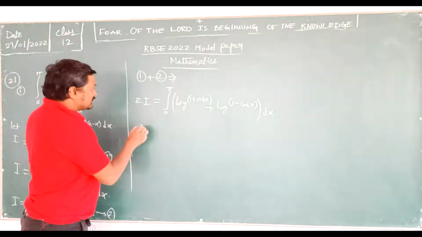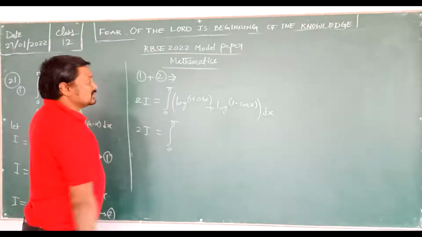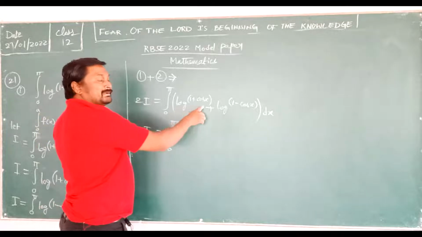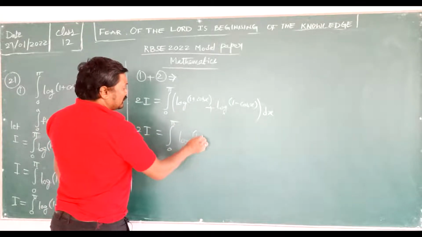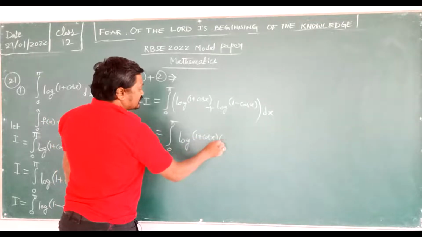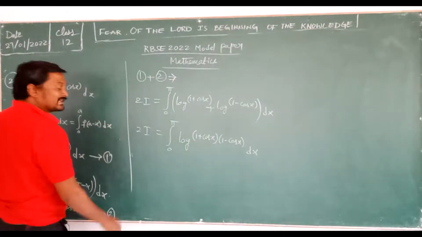All right, so now 2I is equal to the integral from 0 to pi. We write log m plus log n as log mn. So we write log of 1 plus cos x into 1 minus cos x dx.